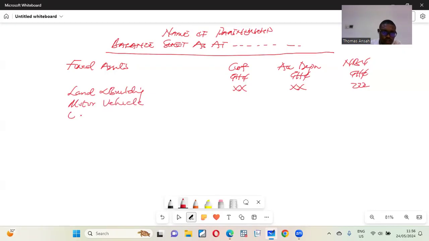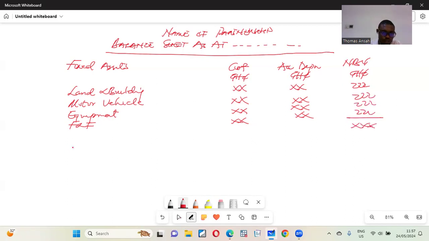Equipment, office equipment, which might include computers. We have what? F&F. All right, so you do for all of them. You take off their accumulated depreciation, then you get your net book value. So you total that side. All right, so that is what you do.